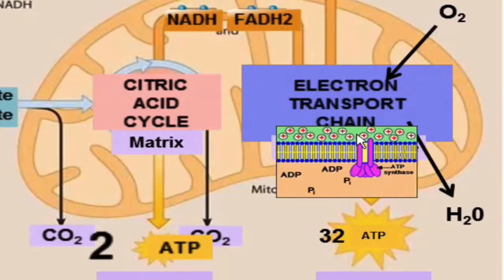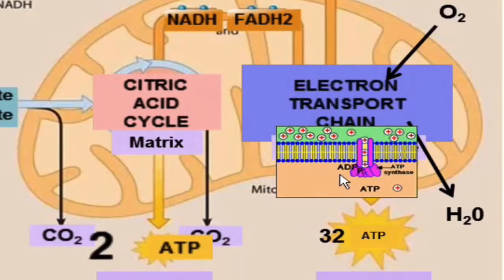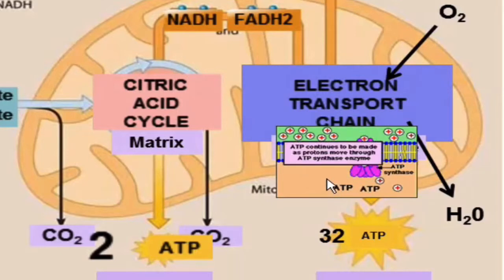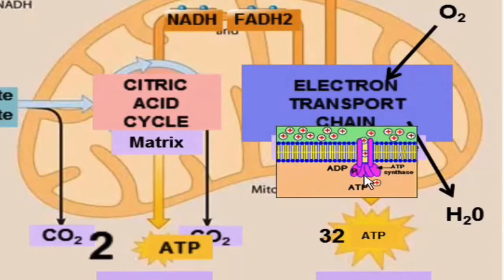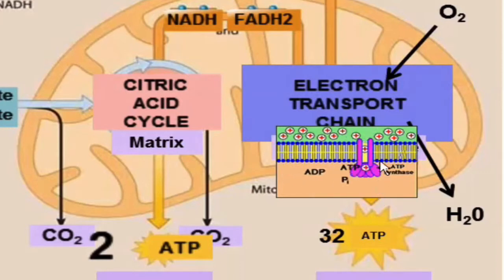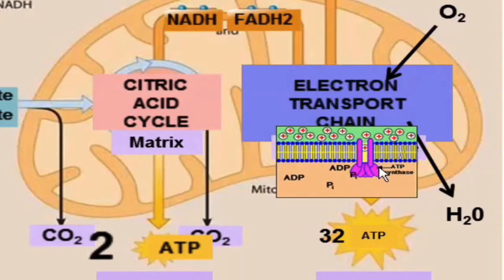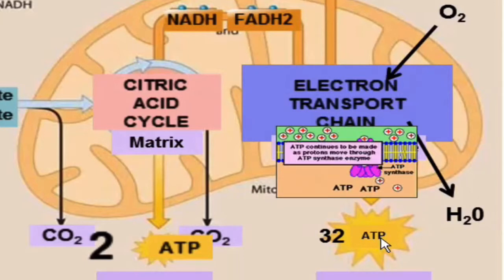And when these hydrogen ions pour through this molecule, it causes it to spin kind of like an egg beater. And it causes ADP and phosphates to blend together and ultimately create ATP. This process is going to create 32 ATP molecules.